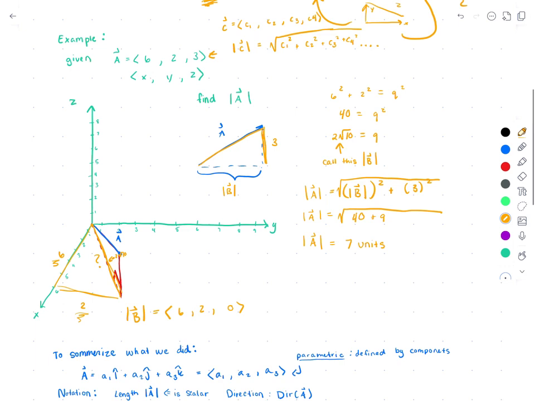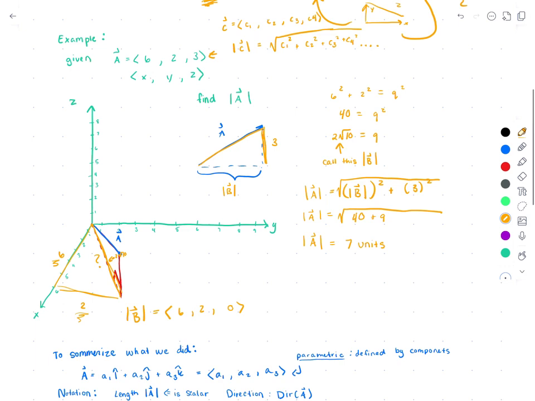But I can prove myself by just finding the regular old length of A, which will be defined by the square root of its components named up here. So it'd be 6 squared plus 2 squared plus 3 squared. So give me the square root of 49, which will equal 7 units. And that was a nice way to check ourselves.